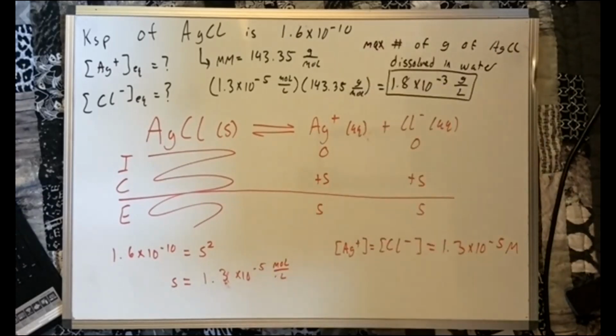That's the max number that you can have dissolved in water, or max grams, however you want to say it. So it's the max number before it starts to precipitate? Yes, exactly. Okay. Let me see what else is on here.